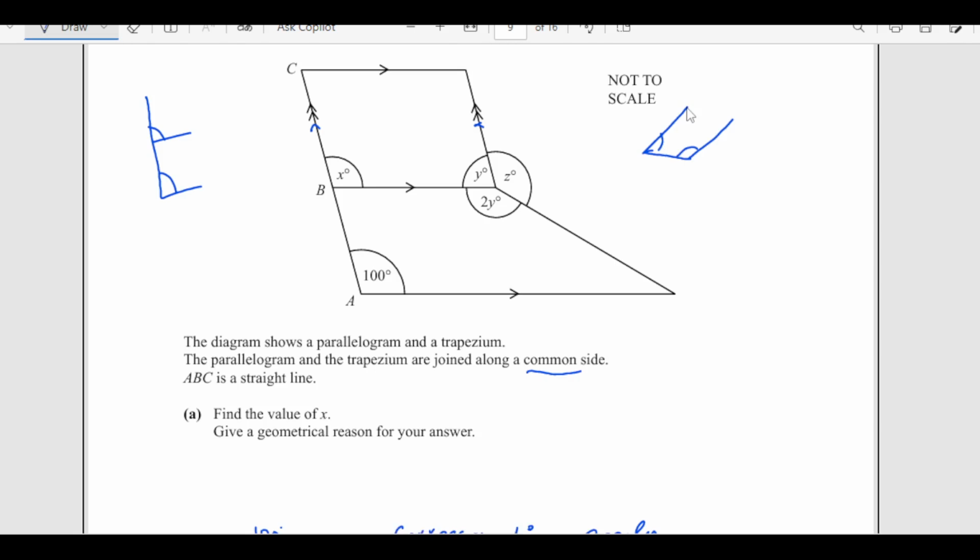So x plus y. We have just got x, which is 100. So if x is 100, then these two angles are not equal. If this angle is x and this is y, then x plus y equals 180. So these are the co-interior angles, right?